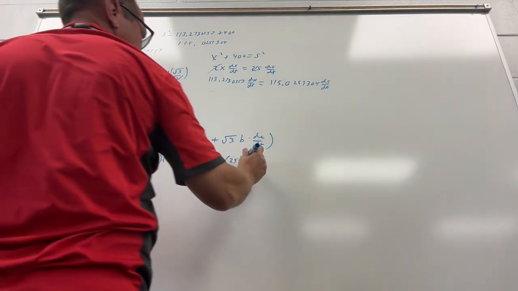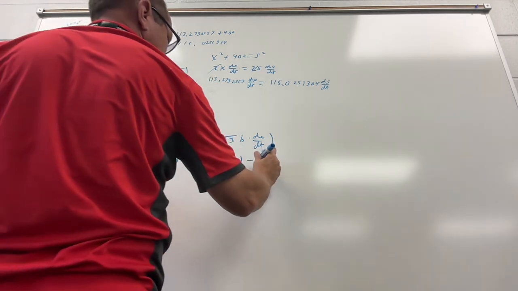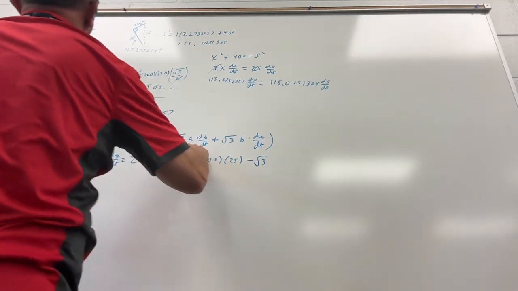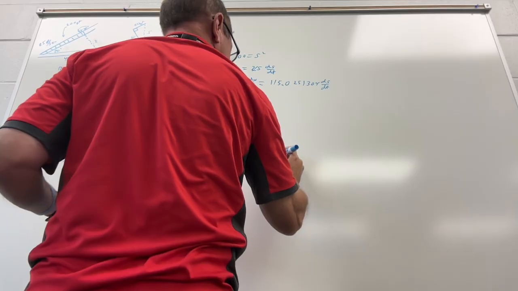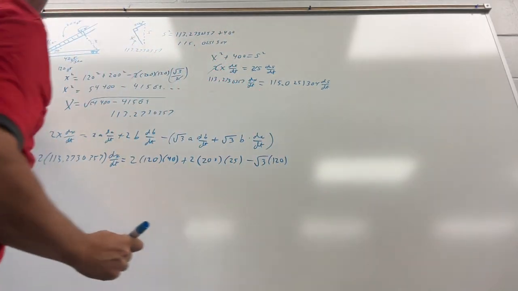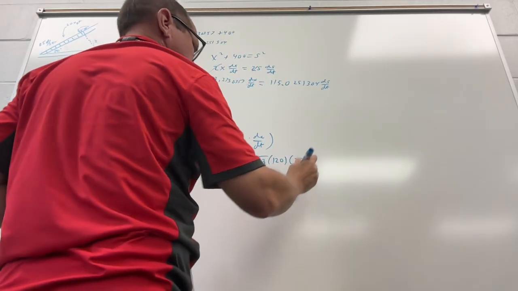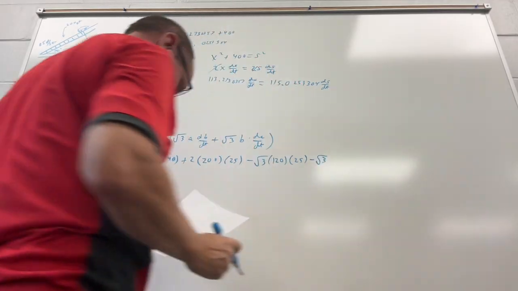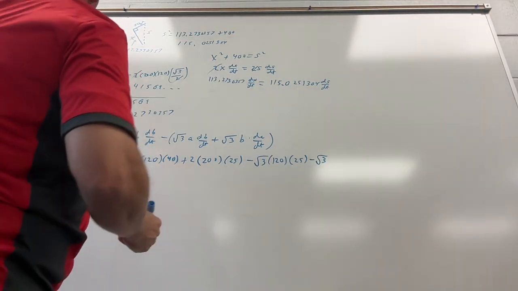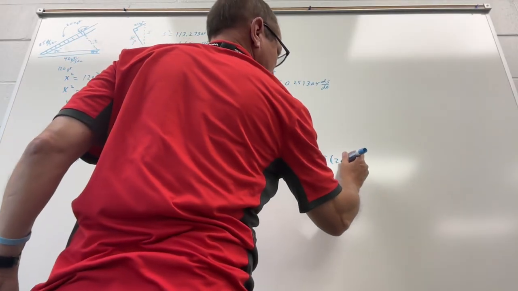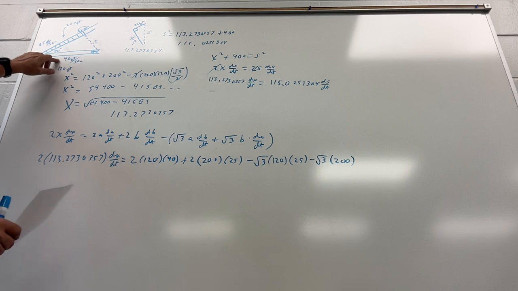Then go ahead and distribute the minus: minus the square root of 3 times 120 times dB/dt, which is 25, and then minus the square root of 3 times 200 times dA/dt, which is 40.